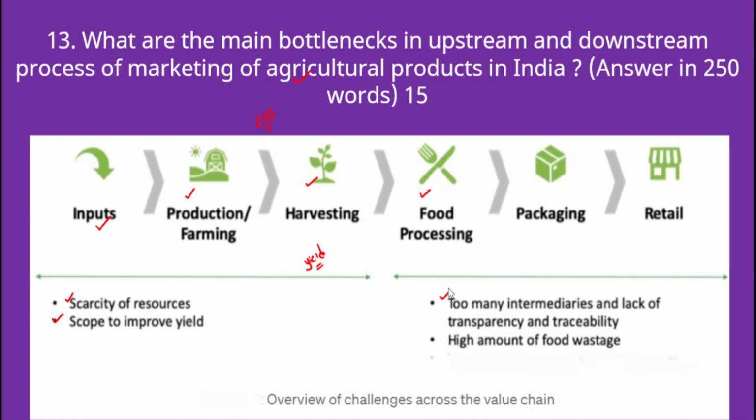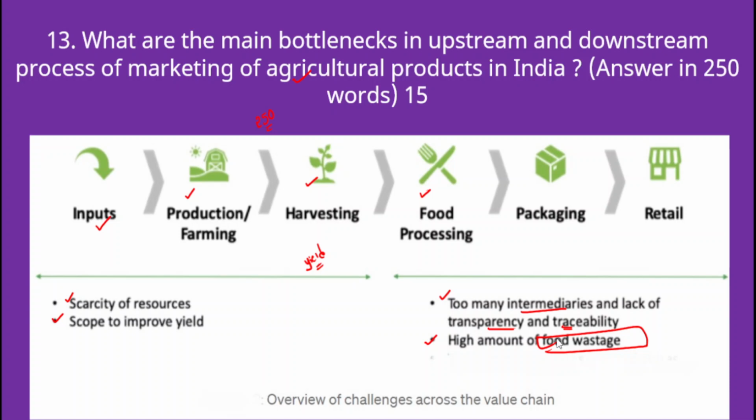Now the presence of intermediaries between agriculture and consumer has been making farmers not able to realize better prices for their produce. So therefore too many intermediaries and lack of transparency and traceability is also another major challenge. And after that, the high amount of food wastage is what we need to talk about. Okay, so the post-harvest losses, since we do not have enough cold storage facilities and we do not have the processing facilities, the food wastage is very high in India.